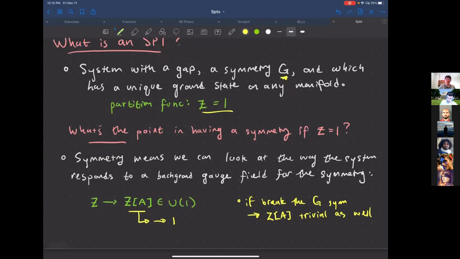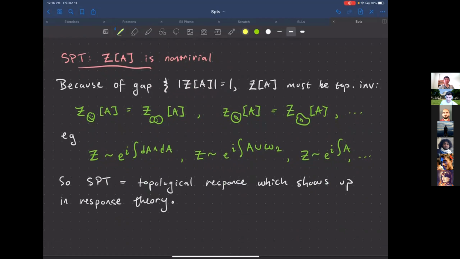Yeah, so okay, here's a claim that I think is reasonable sounding, but maybe people have some different opinions that we can go into more detail about. We're considering a system with an energy gap, right? And we're considering a system where the partition function is just a complex phase, right?